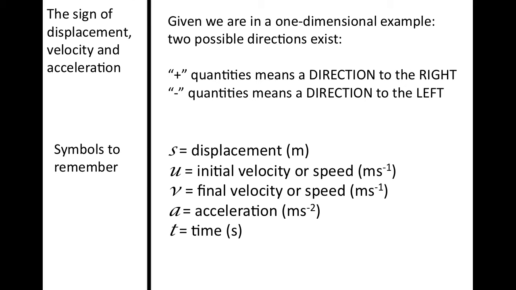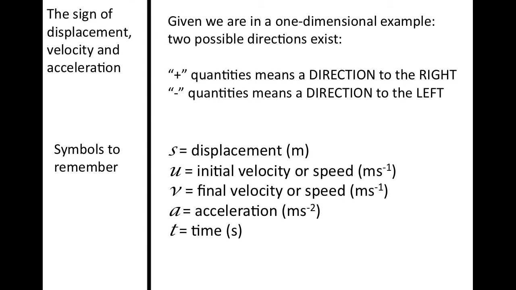Symbols to remember, and this is going to be located in your data booklet in physics. S stands for displacement, and it is measured in the units meters. U is initial velocity or speed, measured in meters per second. Final velocity or speed is V, and it is in meters per second, or meters seconds to the -1.